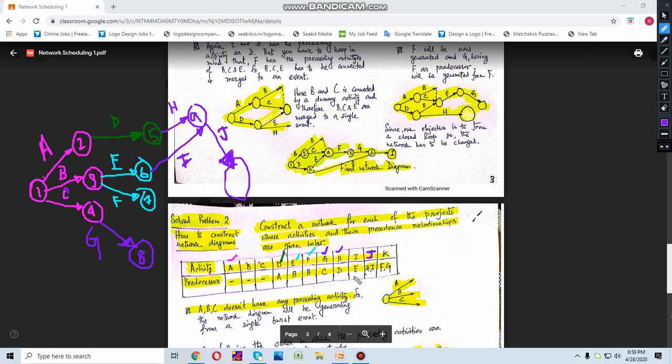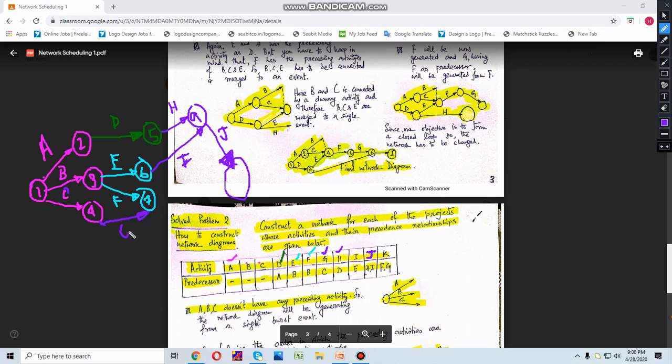Okay, and similarly now you will understand F and G need to be merged. So we have just left it now, but there is still a chance to clear that error which we had.